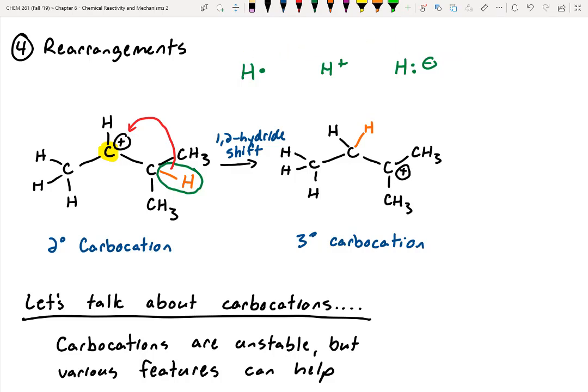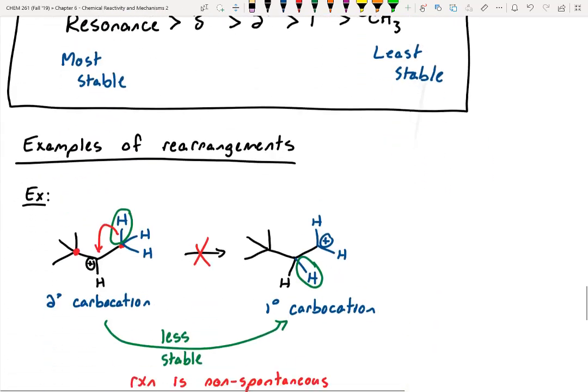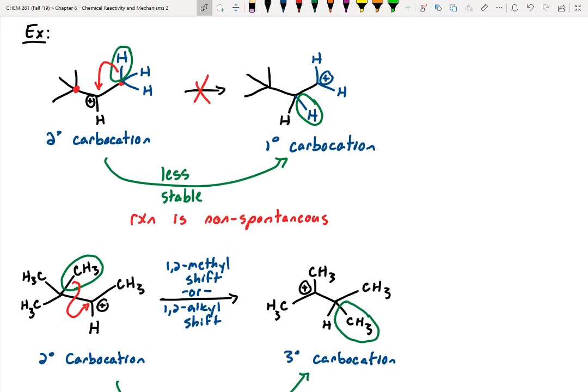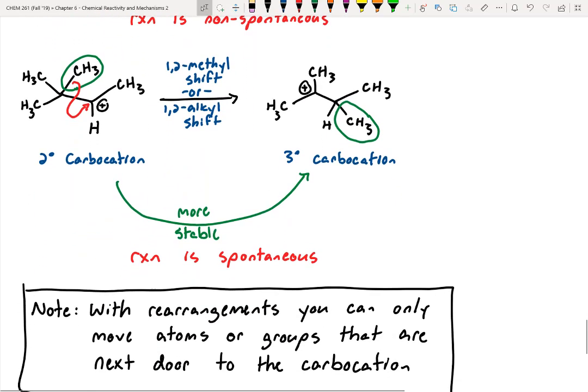So students get confused and they say, well, when do we know when a rearrangement will occur? Does anybody have an idea? Well, if we went down to these examples, we said in the first case, the reaction will be non-spontaneous. That gives us a clue that it wouldn't occur, right? We know non-spontaneous reactions just don't occur because it's going to a less stable carbocation. On the bottom example, we said that this reaction is spontaneous because we're going to a more stable carbocation, so this would occur.